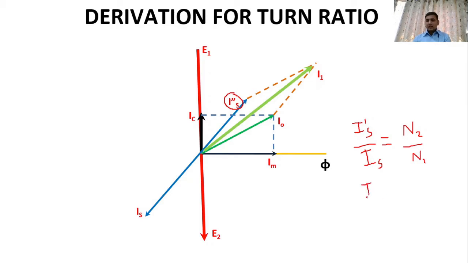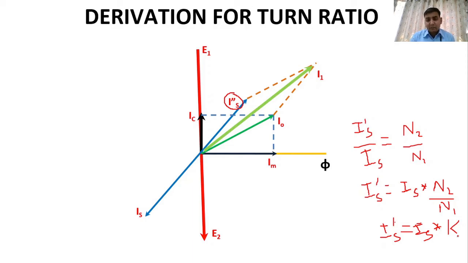So Is dash can be represented as Is multiplied by n2 upon n1. So this compensating current can be written as Is into k, which is our turn ratio. As we also discussed in the next slide, we represent our compensating current Is in terms of secondary current.